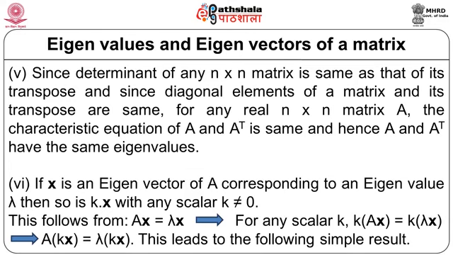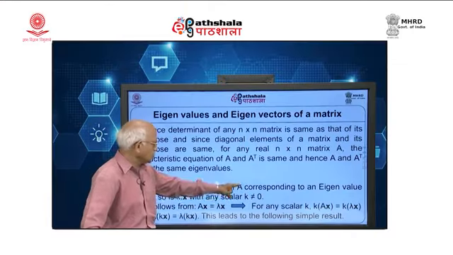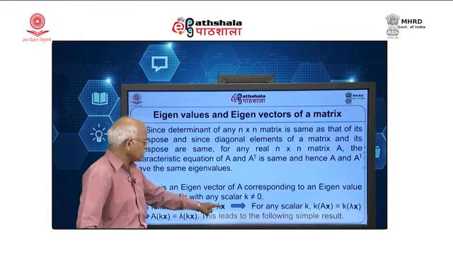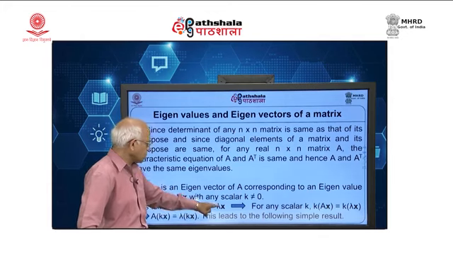The next one is that if x bar is an eigenvector of A corresponding to an eigenvalue lambda, then any scalar multiple of x bar, so k x bar with any scalar k not equal to 0, will also be an eigenvector of A corresponding to lambda, and this can be seen very easily. This follows from the fact that if lambda is an eigenvalue, then A x bar equals lambda x bar.